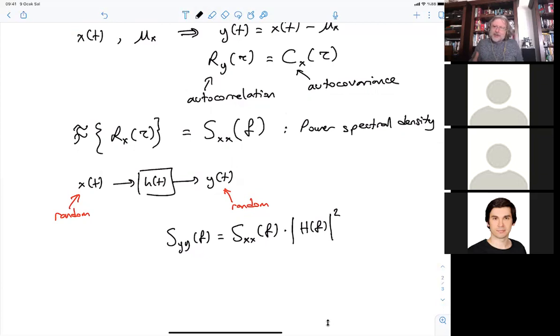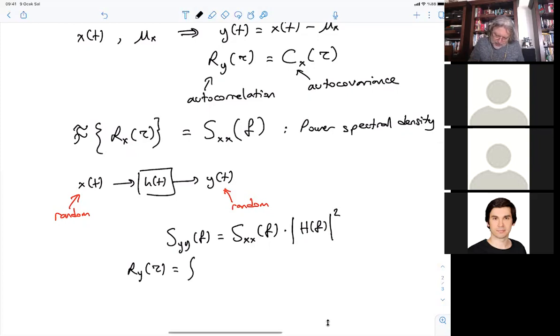If you take the inverse Fourier transform of this expression, you will have Ry of tau equal to multiplication with H of f and multiplication with H conjugate of f of Sx of f. So there are two multiplications corresponding to two convolutions. So it's a double convolution.